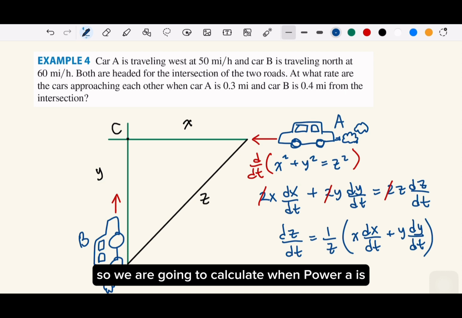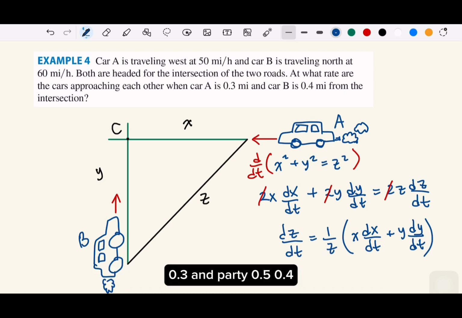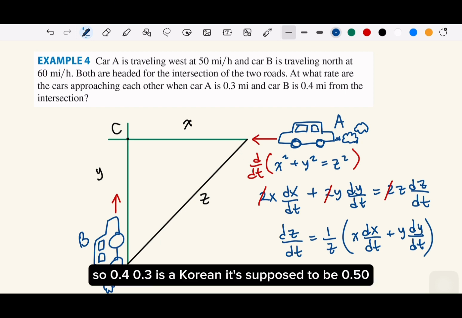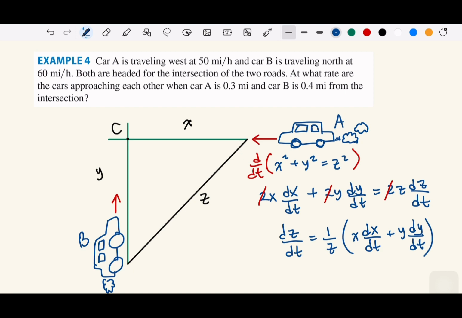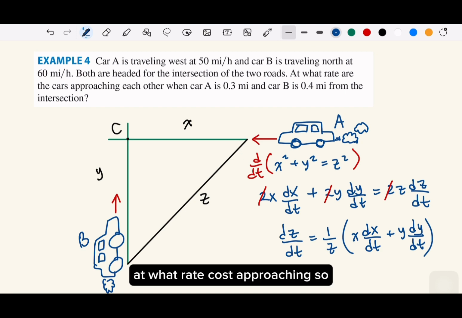So we are going to calculate when car A is 0.3 and car B is 0.4. Okay. So 0.4, 0.3 is Pythagorean. So it's supposed to be 0.5 here. But we would like to know at what rate the cars are approaching.